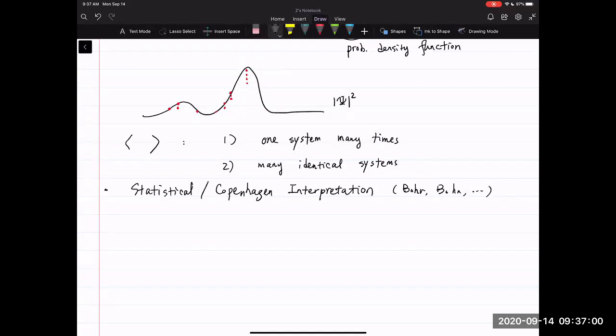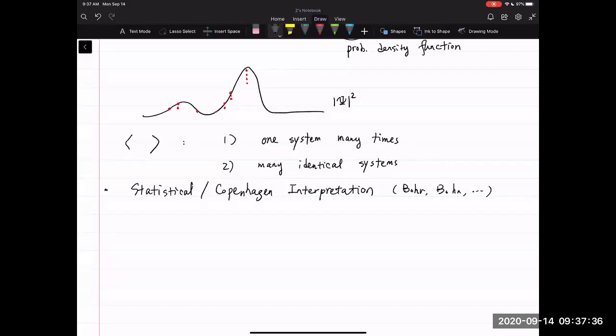One of the more recently adopted interpretations is the so-called many worlds interpretation, where quantum mechanics only selects one part of the many possible worlds. It shows up in time travel stories, etc. But in physics, the most accepted interpretation of quantum mechanics is this statistical or Copenhagen interpretation.